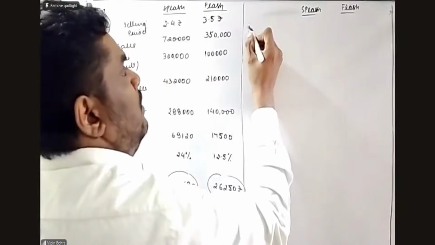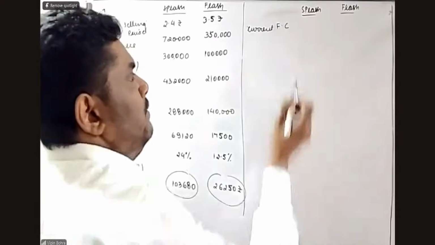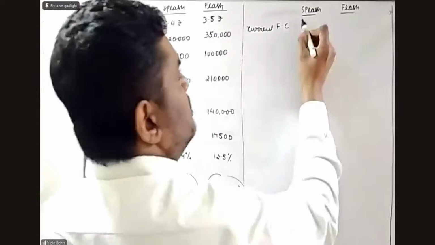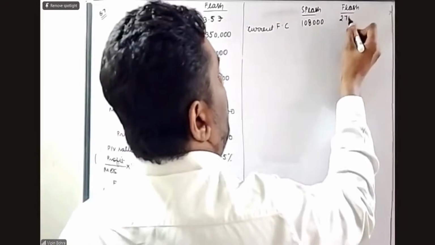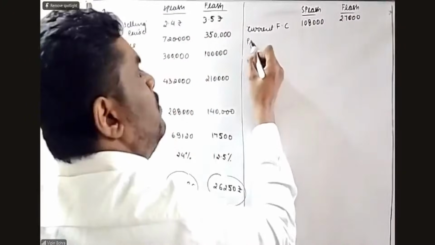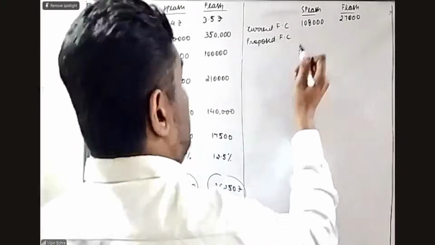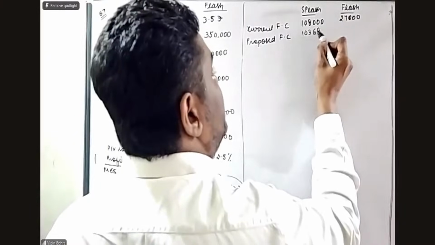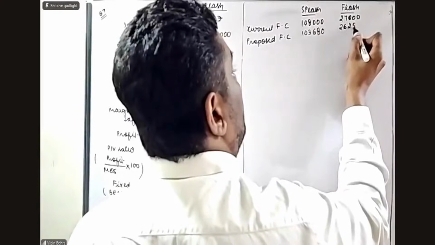So current fixed cost is how much? That is 1,08,000 and 27,000. Proposed fixed cost, 1,03,680 and 26,250.